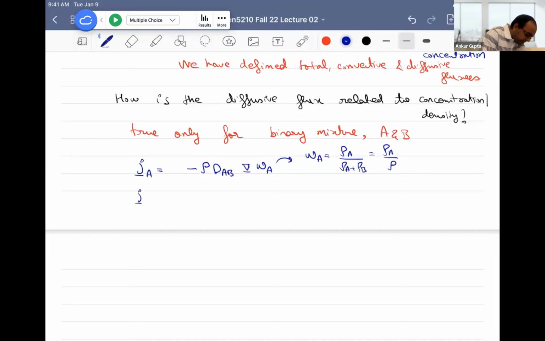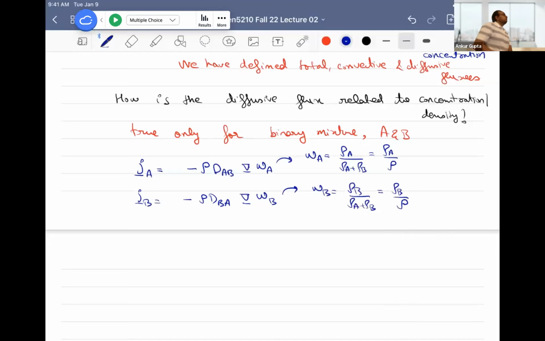And JB is minus rho D_BA gradient of omega B, where omega B is rho B by rho A plus rho B, that is, rho B by rho.